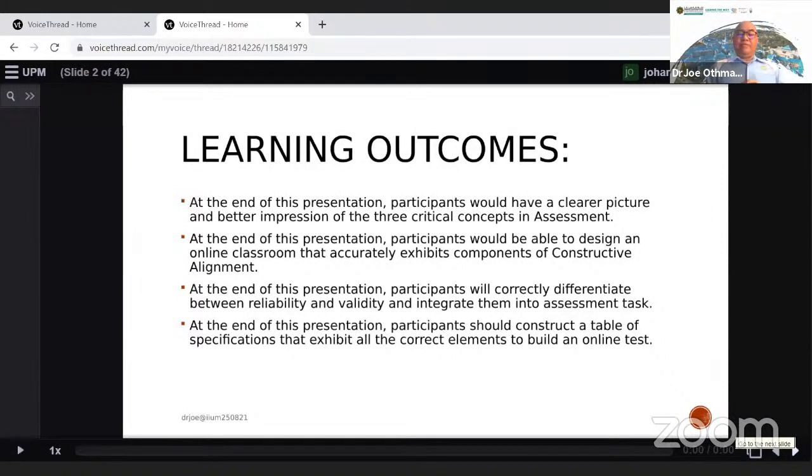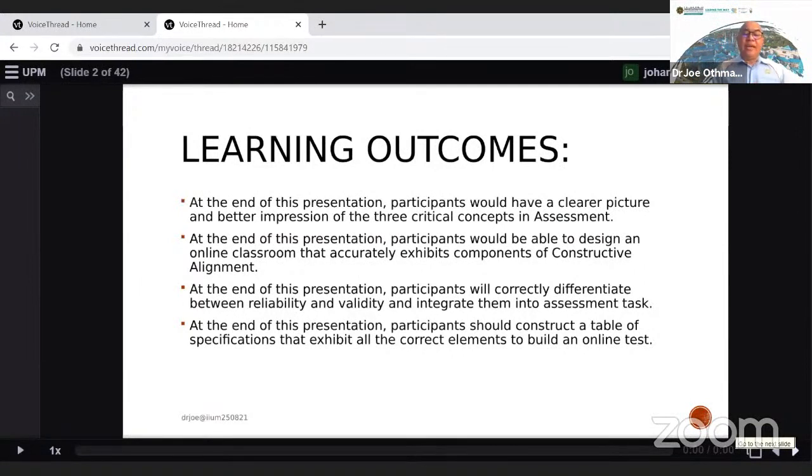The third learning outcome, also at the end of the presentation, I hope the majority of you will correctly differentiate between reliability and validity. And talking about reliability and validity, this is something that people in assessment, or even people in statistics or in science in general, would really know and appreciate. But for those who are not, then there's something new.